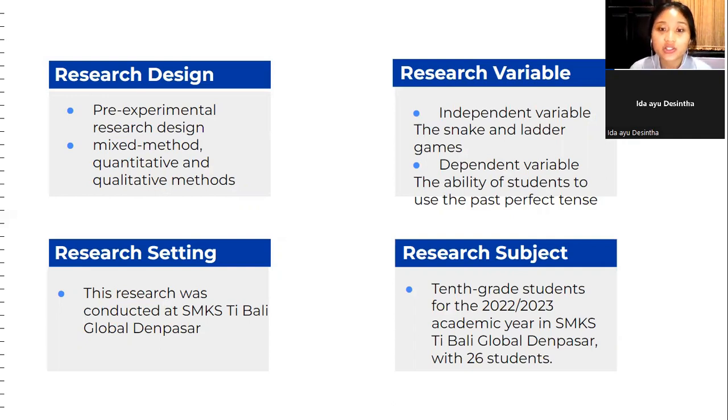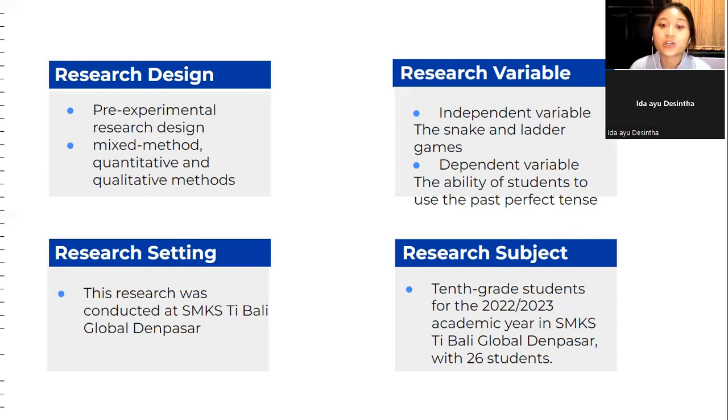This research also used mixed methods, such as quantitative methods and qualitative methods. The quantitative methods are used to determine the increase in the students' ability to use the past perfect tense from before and after the treatment given in the study, based on the results of the pre-test and post-test.